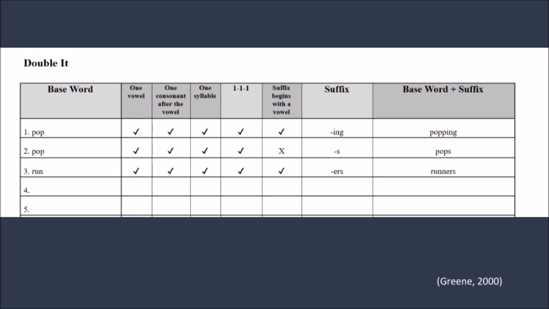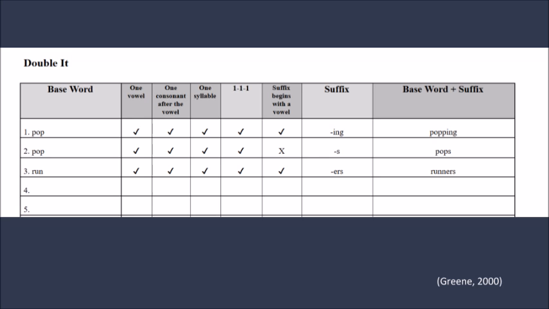In this chart, the word must apply to the 1-1-1 rule, which means that it must have one vowel, it must have one consonant after the vowel, and it must only be one syllable. In addition to the 1-1-1 rule, the suffix must begin with a vowel. And for multisyllabic words, the rule must apply to the last stressed syllable.